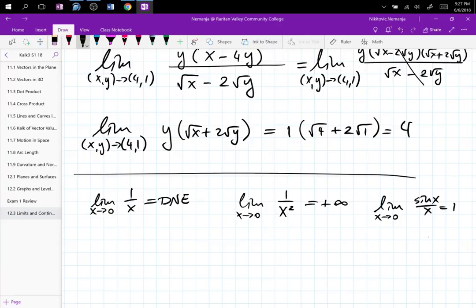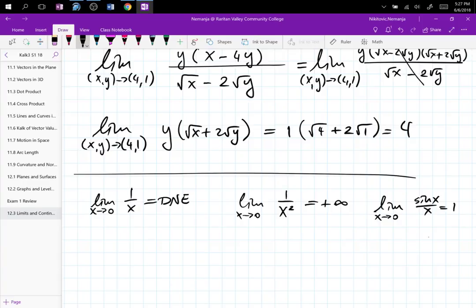No, right? So you are going to have the same deal with the boundary point thing. You have to factor, you have to rationalize, you have to use algebra. Sometimes, yes, you are going to end up with does not exist. Sometimes with infinity, sometimes with a number like we just did, 4. So that's the boundary limit problems.